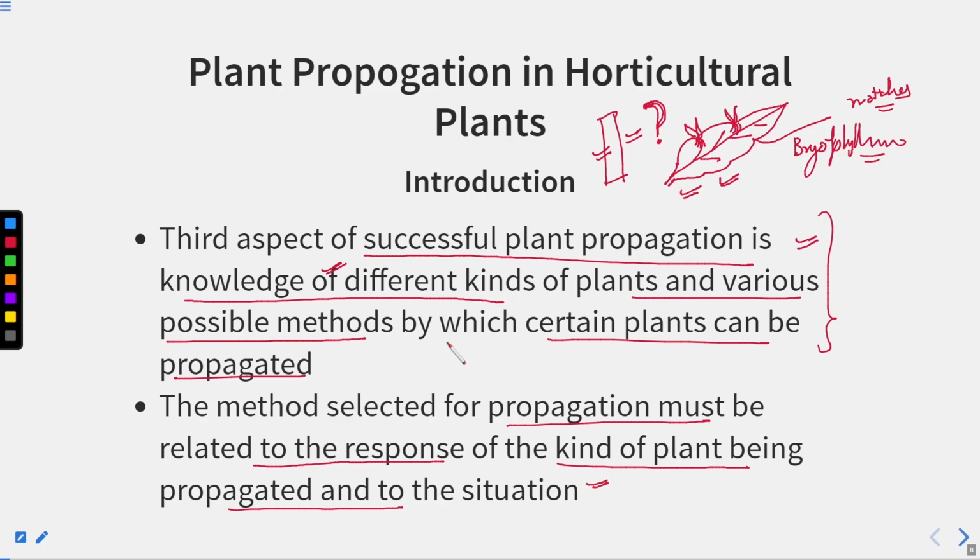So this particular knowledge is very, very important, that there are so many types of plants and what is the procedure that can be followed for their asexual or vegetative propagation. What is the means by which we can opt that this particular plant can be grown by leaf cutting, stem cutting, or root cutting. So this is very important prior knowledge.